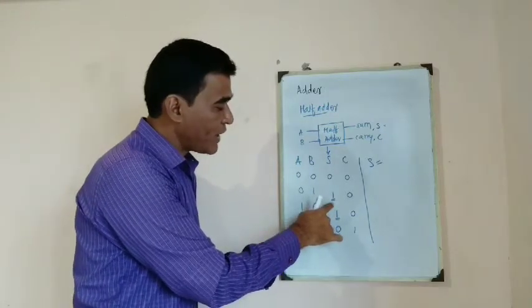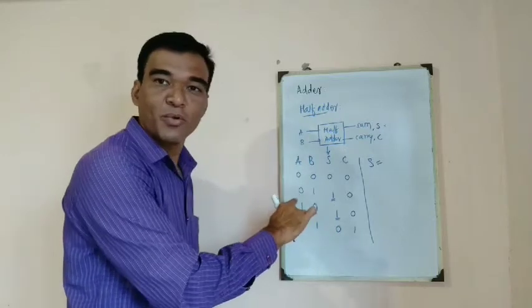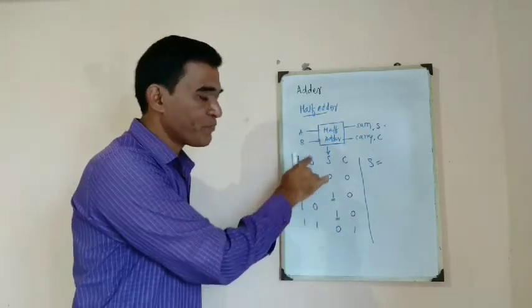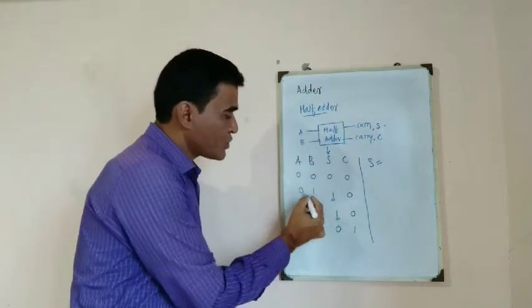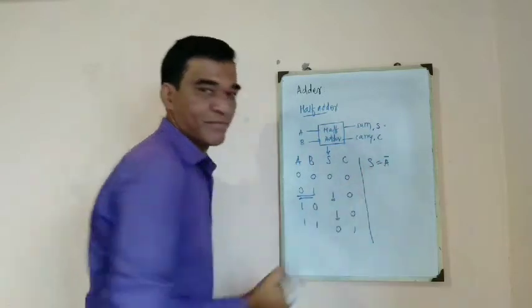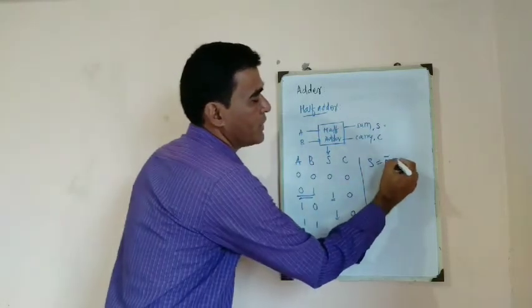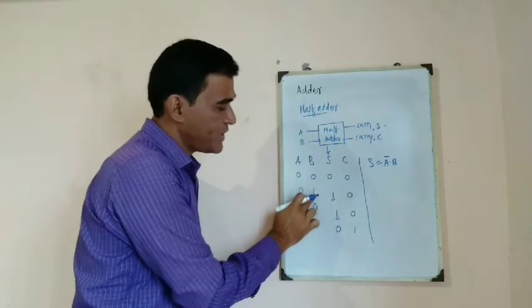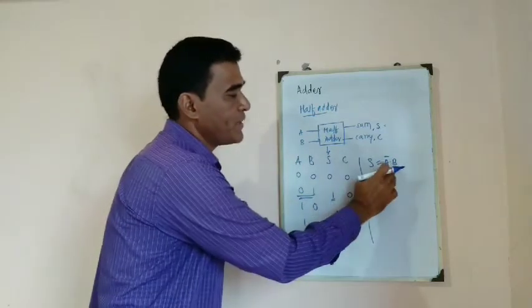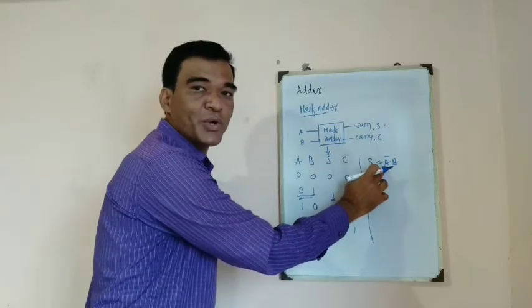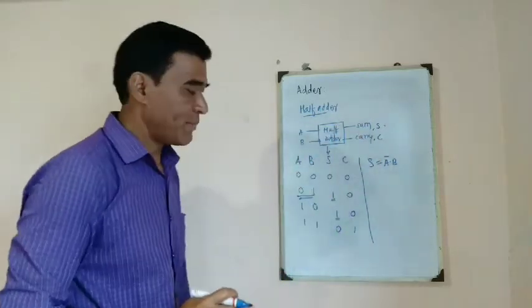For this value 1, what is the input combination? Input combination is 0 and 1. Means what? A has a 0 value and B has 1 value. So this combination can be written as A bar dot B, because A is complemented, that is 0, and B is 1. When B is 1, I need to write it as it is. As A is 0, I need to consider it as A complement.